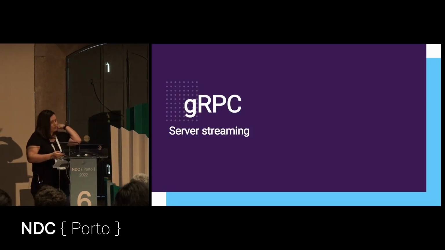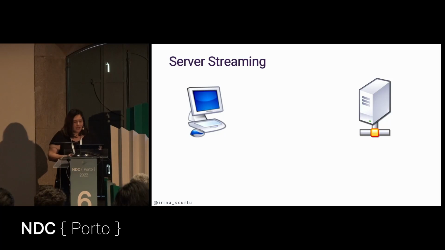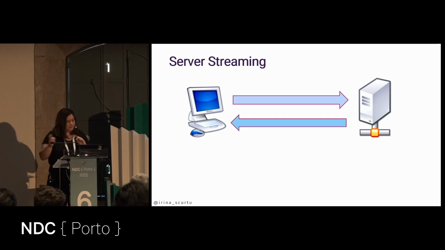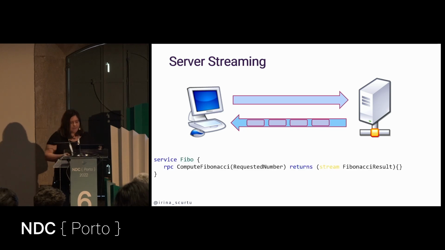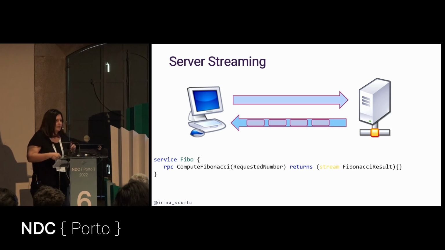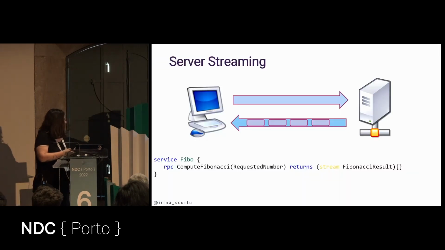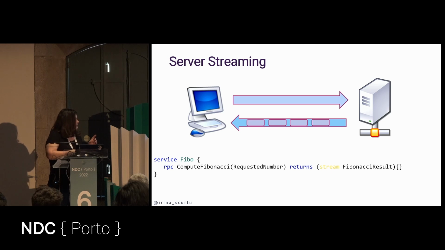The second method, server streaming, mapped on an HTTP request the traditional way. We have, okay, the client issues a request, but gets back several chunks of responses. How does it look? Similar to the unary one, except that it has the stream keyword in the result, which means that it will send back a stream of this type, so several of those.